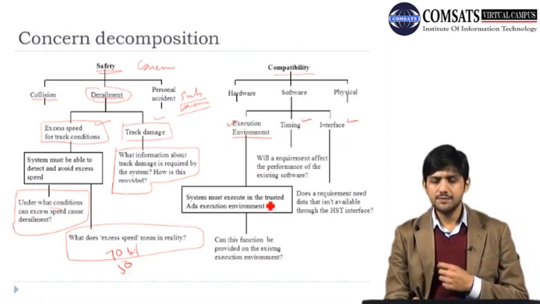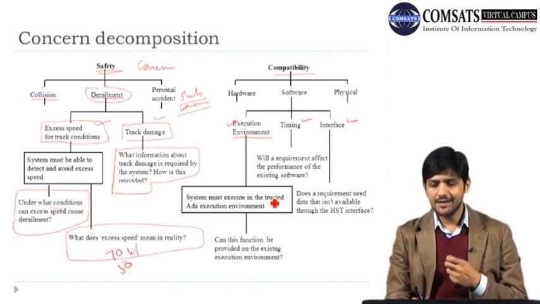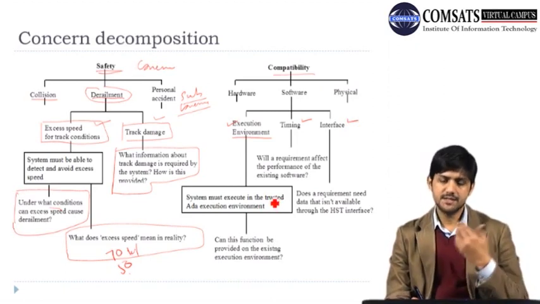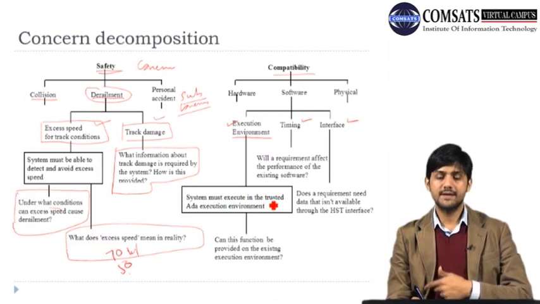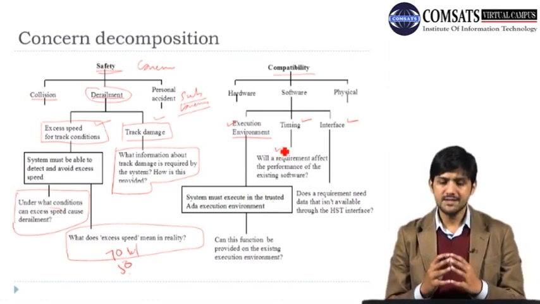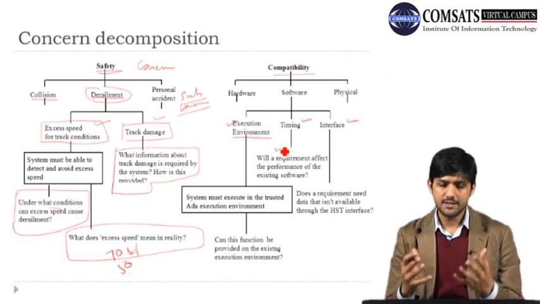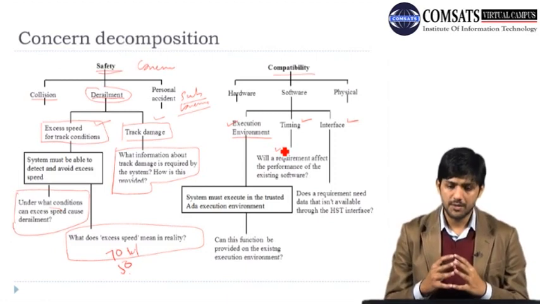In terms of interface, we ask: does a requirement need data that isn't available through the HST interface? Will our requirement affect the performance of the existing software? And for the execution environment, the system must execute in the trusted ADA execution environment. Can this function be provided on the existing execution environment?